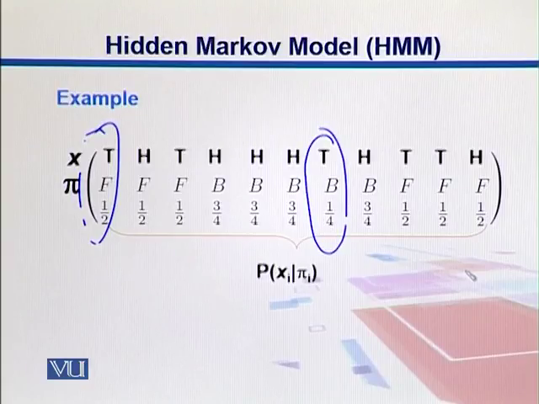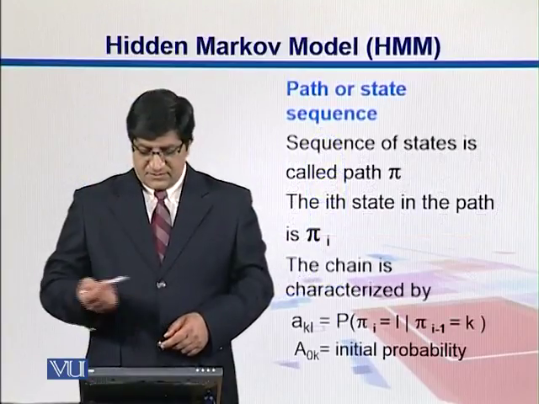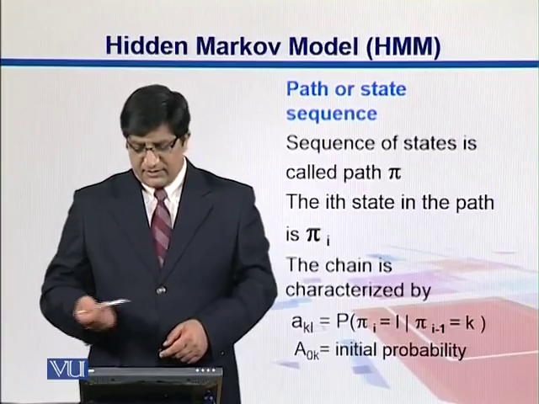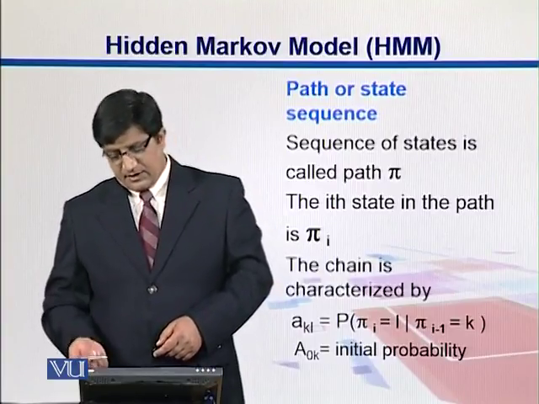So this is the probability of observing a symbol x_i, here a T at position i, while the path is pi_i. Here we have the biased state. The path, or state sequence, is the sequence of states, and the ith state in the path is called pi_i.